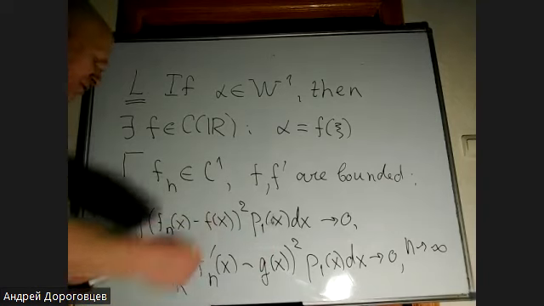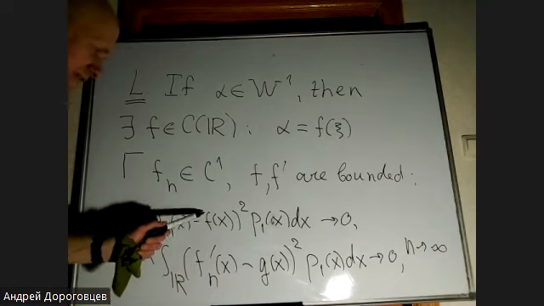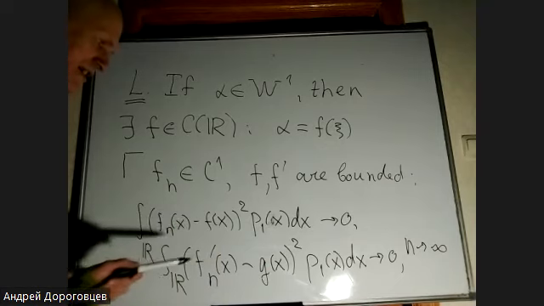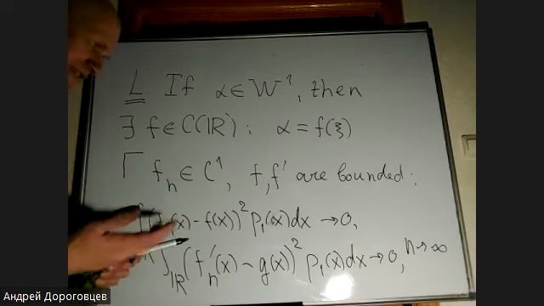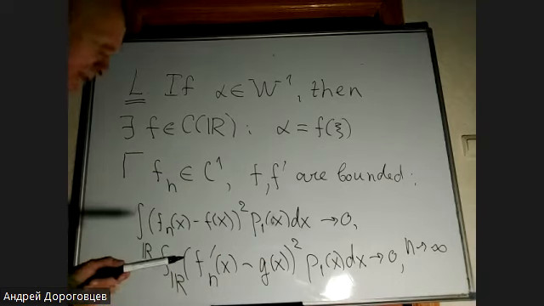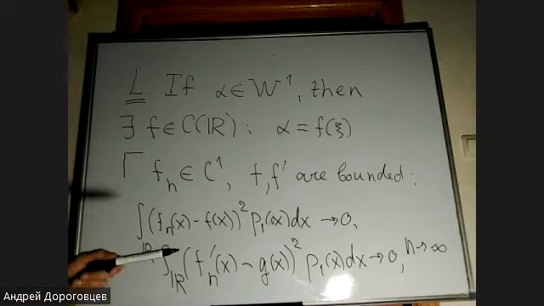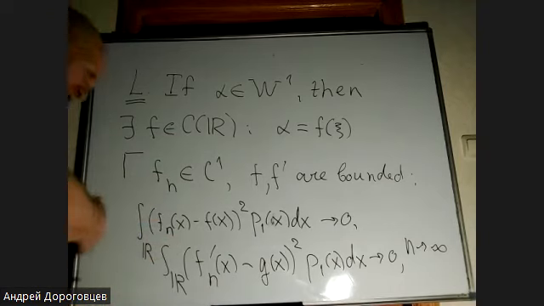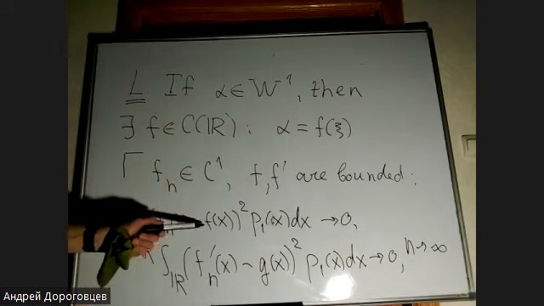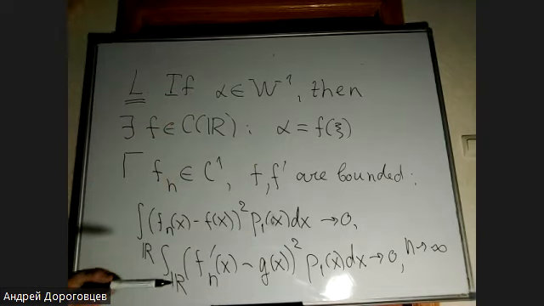So it holds for any function which coincides with f outside of a set of zero Lebesgue measure. This means that I can find such a continuous function which coincides with this one outside of a set of Lebesgue measure 0. Let's do this.